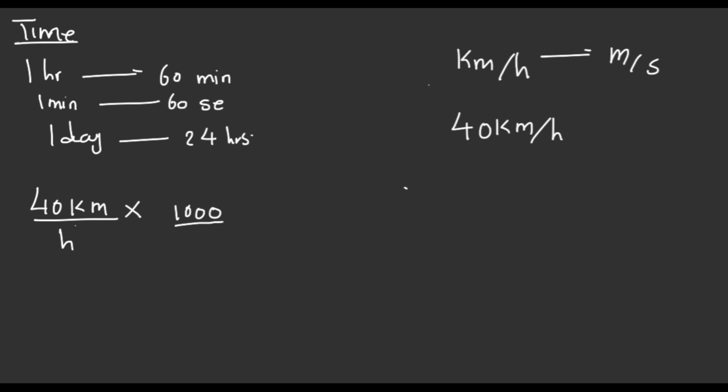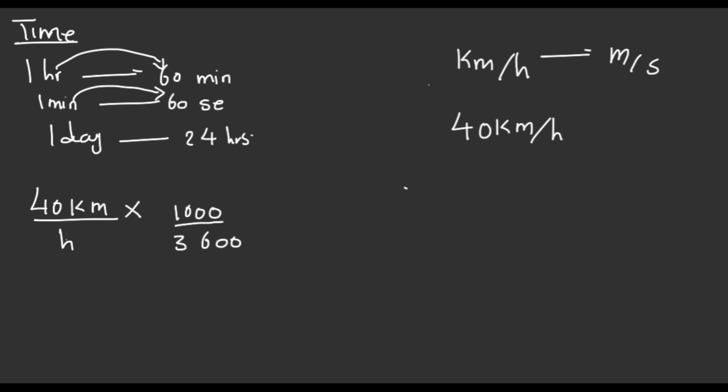Then for hour, how can we convert hour into seconds, or how many seconds make up an hour? So remember, 1 hour is equal to 60 minutes. 1 minute is equal to 60 seconds. So 60 times 60 will give us 3,600.